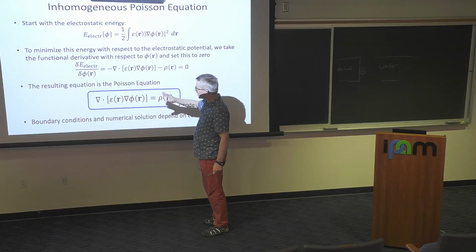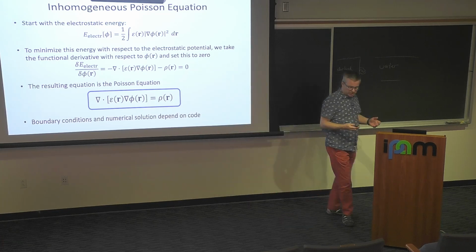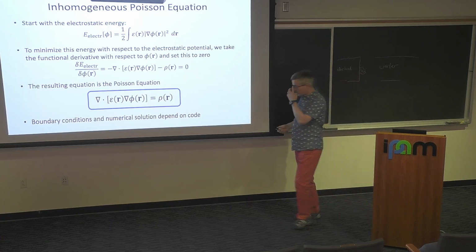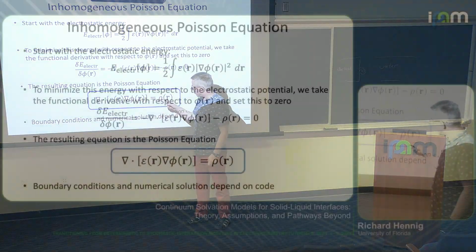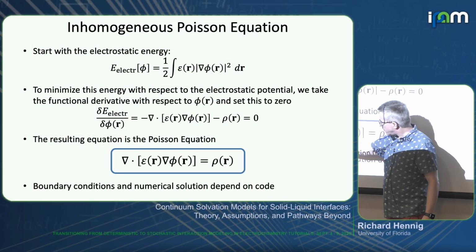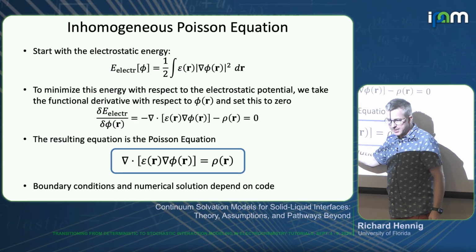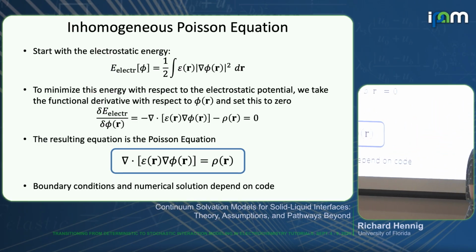Put it on the other side, and you get the well-known Poisson equation out of that. Normally we write it as the Laplacian of phi equals your charge density, but when the permittivity of your liquid is not a constant, you have to keep that inside of your divergence there.